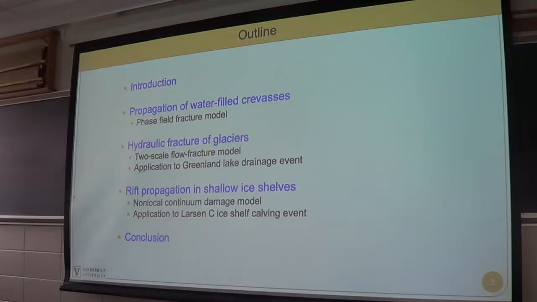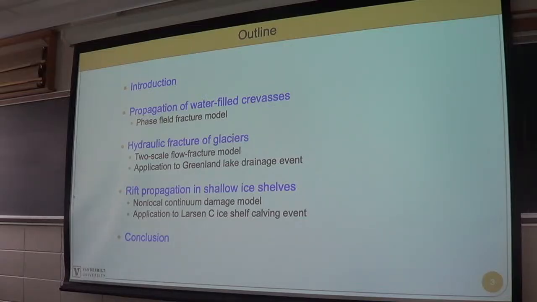Then I'll switch to another type of flow fracture model that we recently worked on for hydraulic fracture, where turbulent fluid flow in the fractures drives them in Greenland. And then a very large-scale rift propagation in shallow ice shelves.